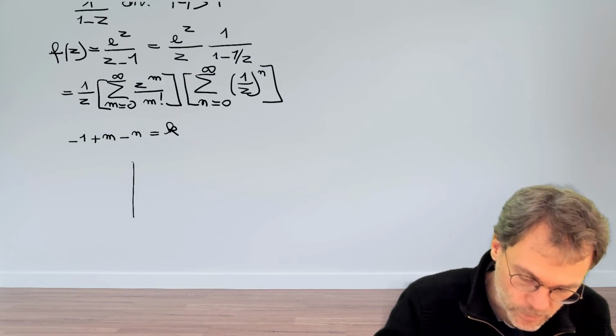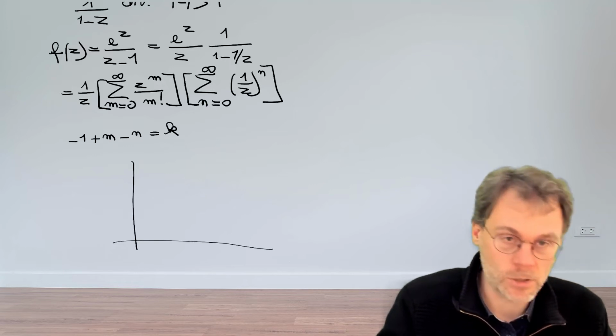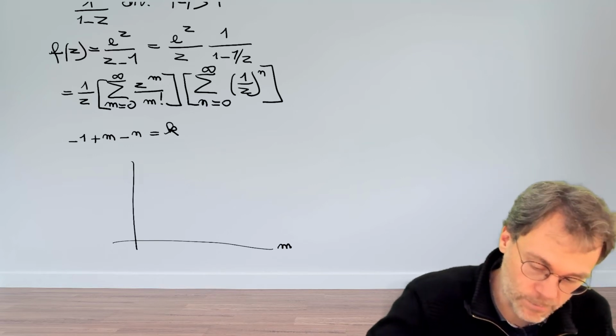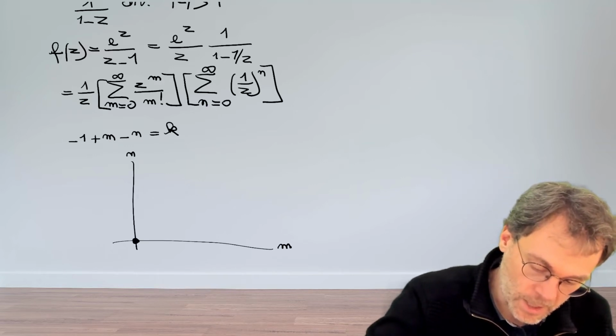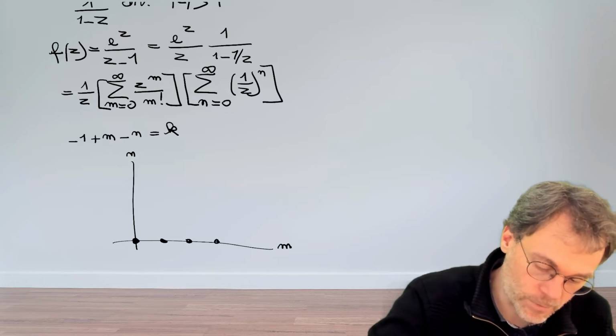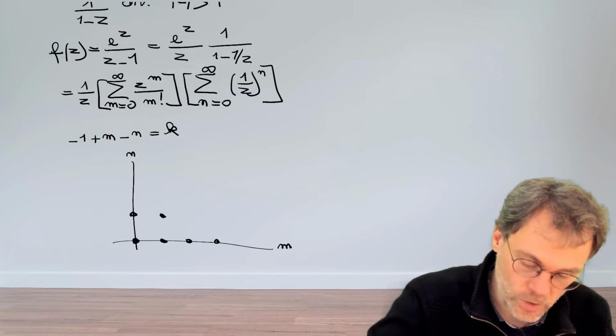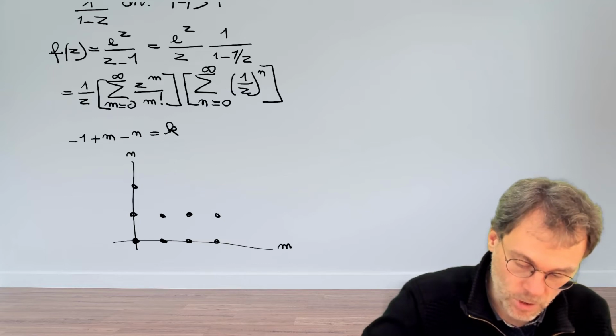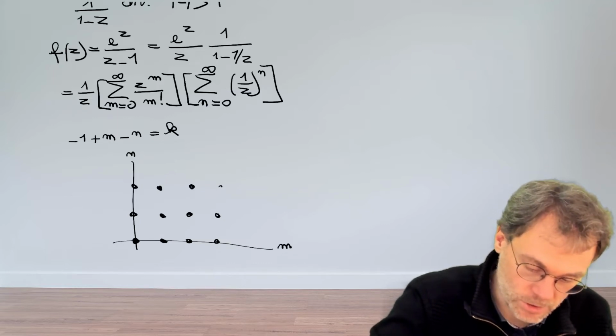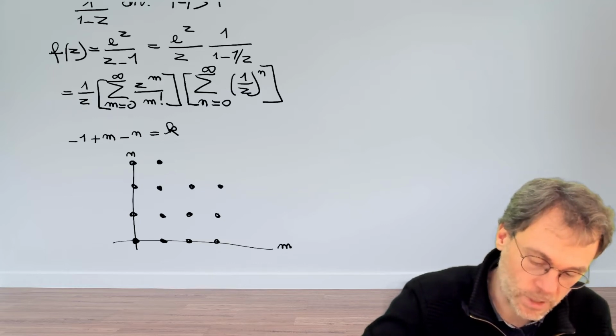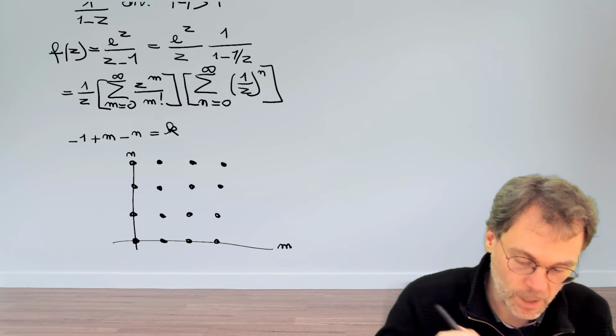Now you might remember that we use this diagram here where we have values of m and values of n, and each dot in this diagram basically corresponds to a term in the product of these two series expansions. And we should make sure that we don't forget any of these dots.